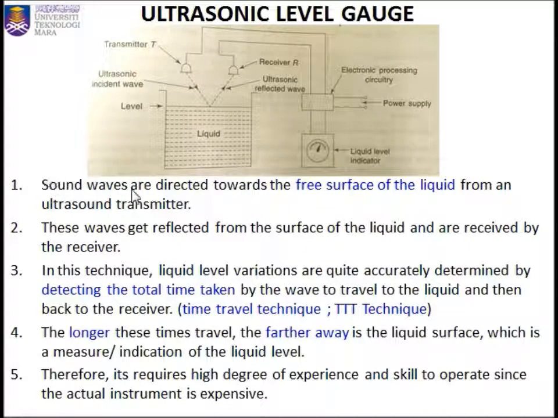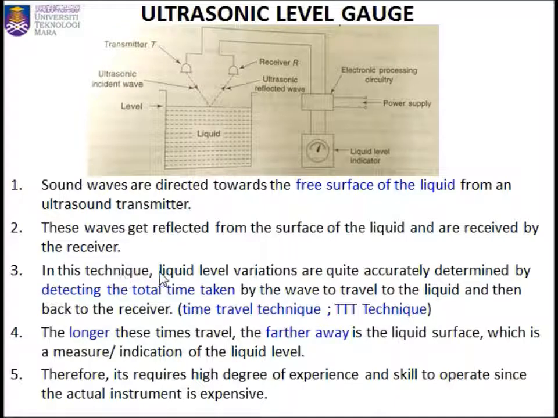Sound waves are directed towards the free surface of the liquid from an ultrasound transmitter. Okay, here. This wave gets reflected from the surface of the liquid and is received by the receiver. Okay, ultrasonic wave ni dia sentuh permukaan liquid and then reflected to the receiver.